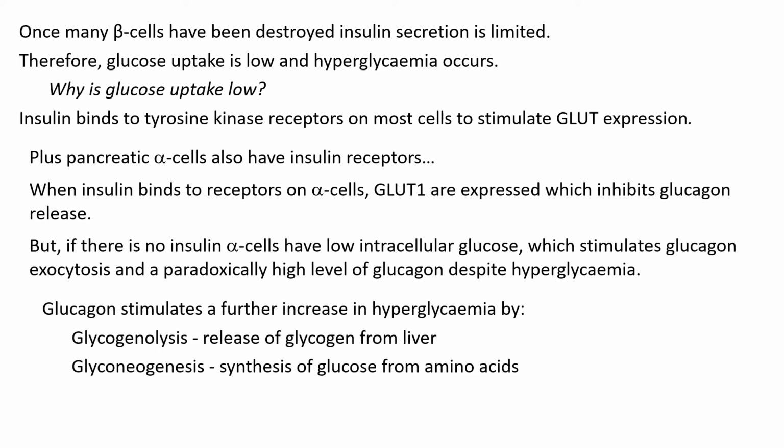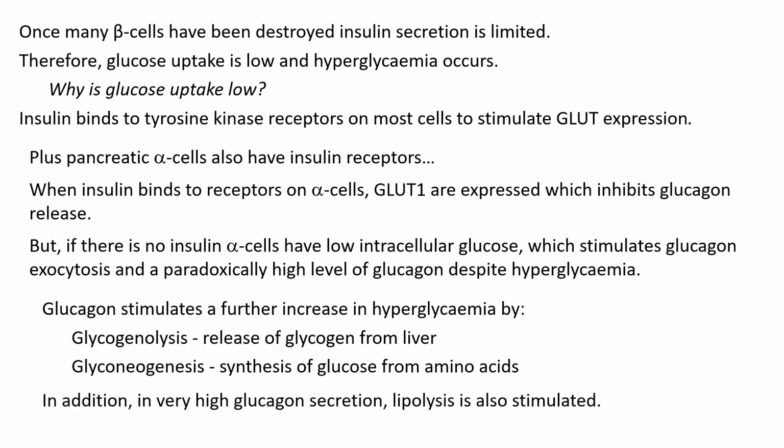So glucagon stimulates further increase in hyperglycemia by glycogenolysis, that's the release of the glycogen and breakdown of those big chain sugars into glucose, and gluconeogenesis. Gluconeogenesis is the synthesis of glucose from amino acids. In addition, if you have lots of glucagon exocytosed, it stimulates lipolysis, the breakdown of fats for energy.